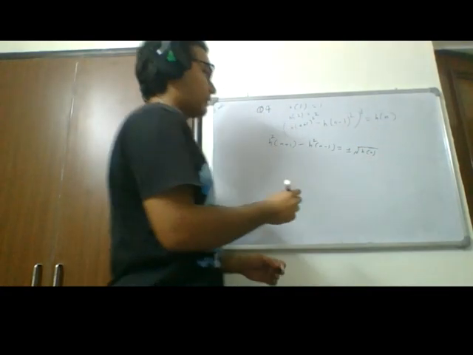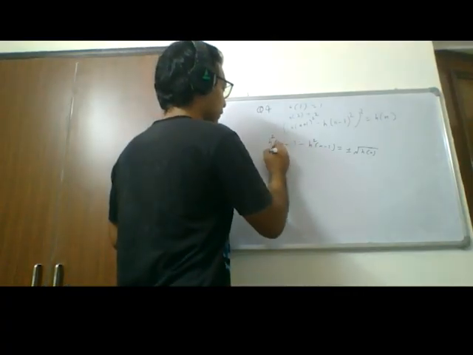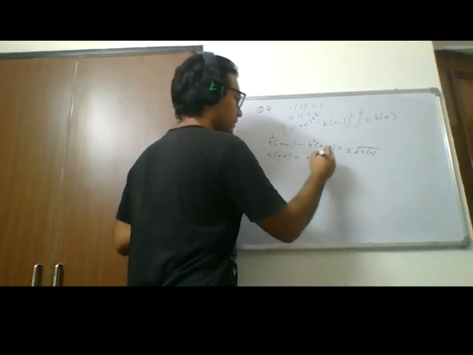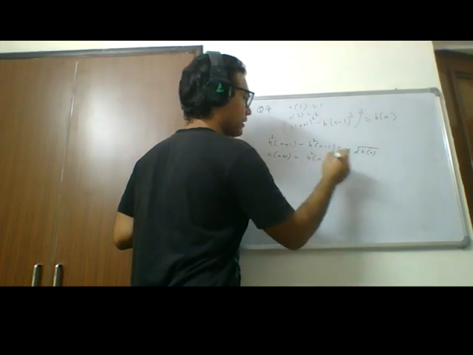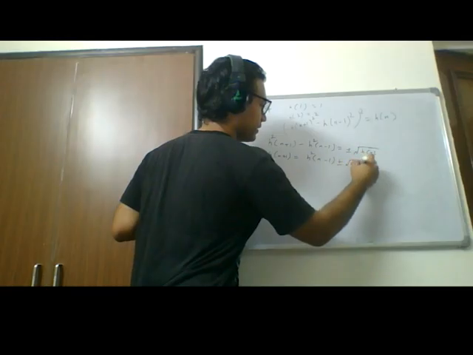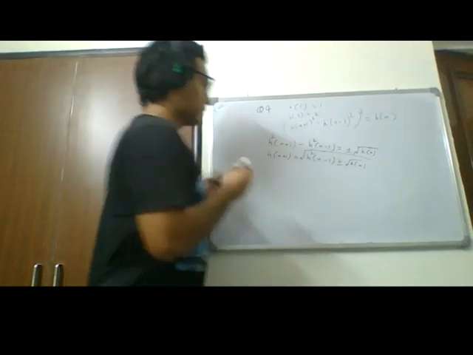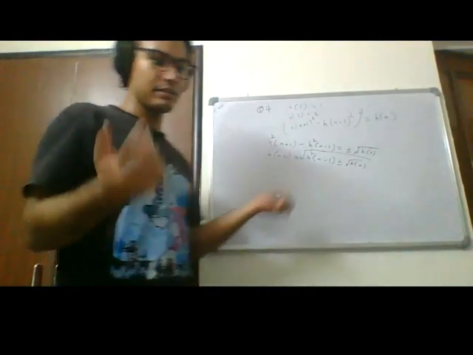From manipulation, we get H of n plus 1 is equal to H of n minus 1 square plus minus root H n whole square root, right?